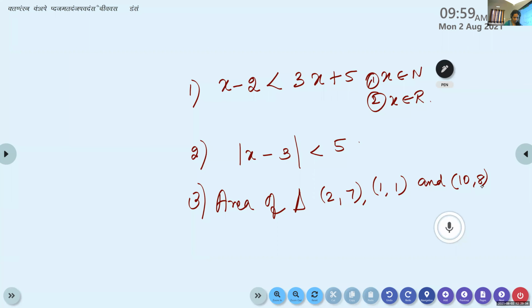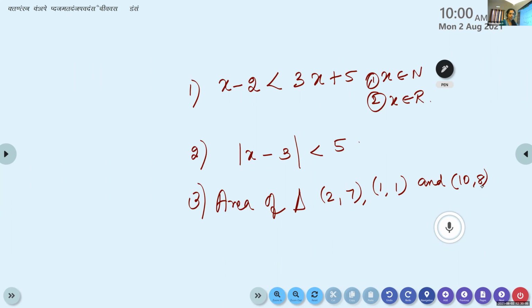What about the others? Yes, correct, Aishwarya. It is 47 by 2.